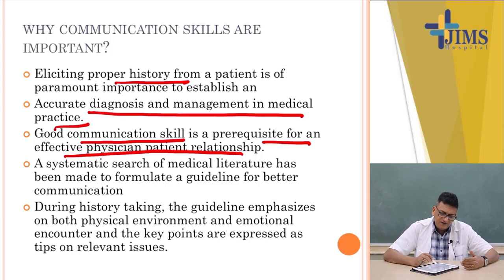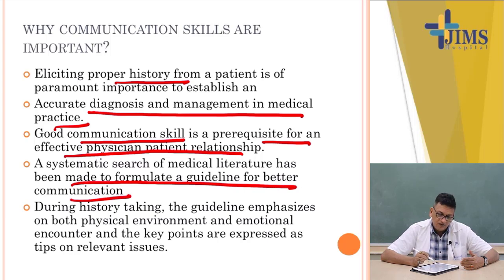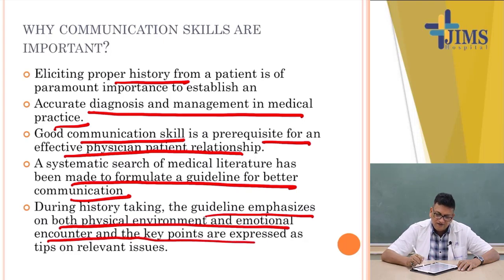Okay, a systematic search in the medical literature has been made to formulate guidelines for better communication. So there are some guidelines which have been formulated for the better communication process. Now during history taking, the guidelines emphasize both the physical environment and the emotional encounter, and the key points are expressed as tips on relevant issues.